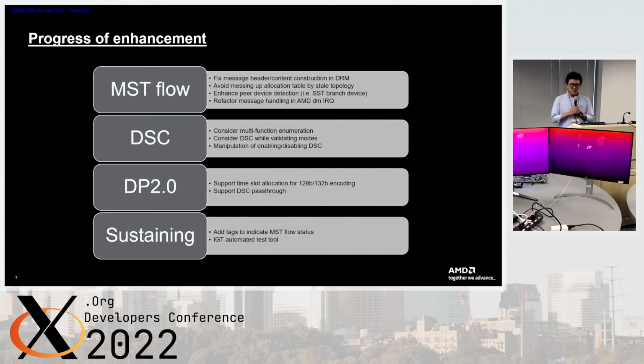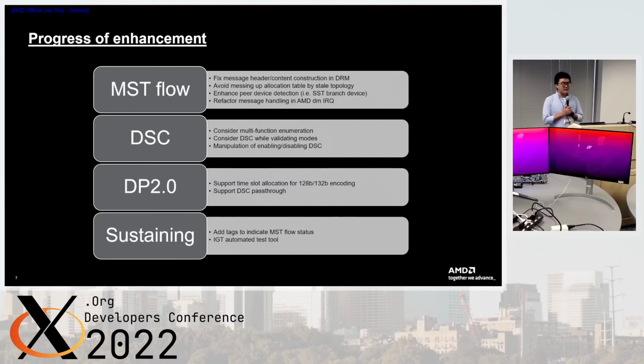And as for DP 2, it brings us a new encoding method, the 128b/132b encoding format, and another one is the DSC pass-through feature. Then we also need to adjust our code to support both features.